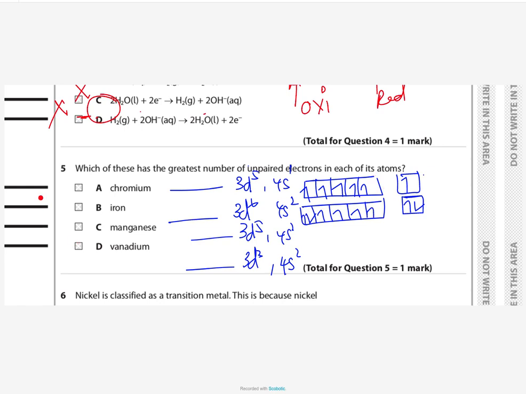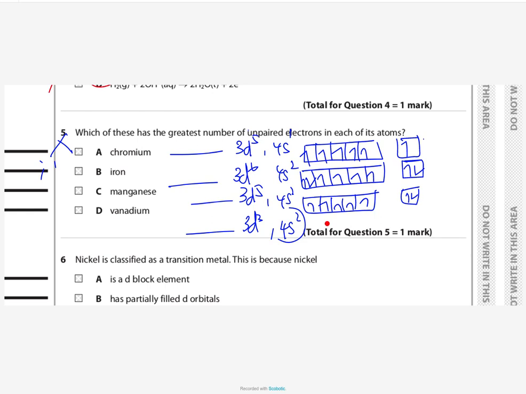So this can't be the answer compared to chromium. Manganese, likewise, you have 1 pair here and the others all unpaired. And 3d3 is only 3 unpaired electrons. So the answer is chromium. Chromium has the highest, 6 unpaired electrons in its atomic state.